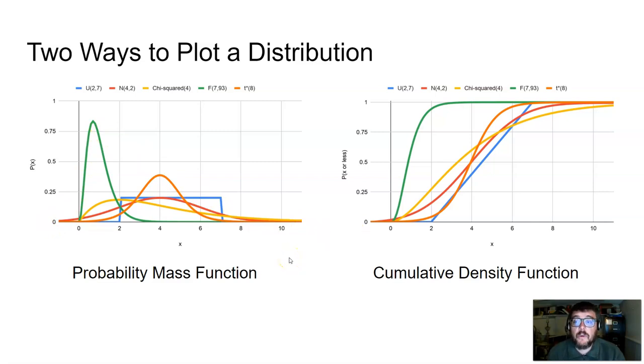An important thing to note about a probability mass function is that even though it looks like the sort of bar graphs that we were doing, showing the counts or frequencies or proportions of different outcomes in the dice rolling lab, since these are continuous, this isn't showing the probability of getting a 1.